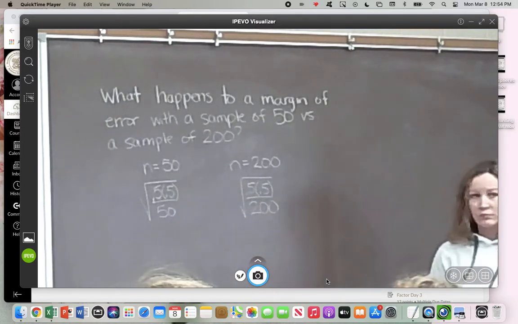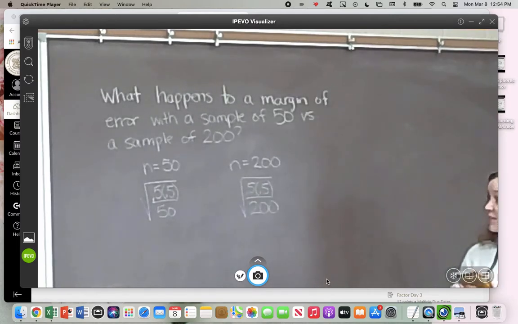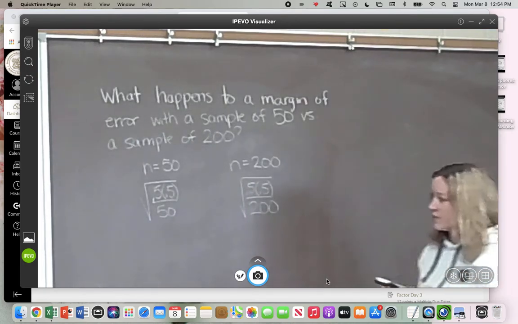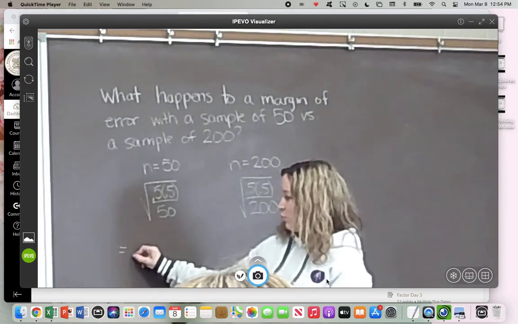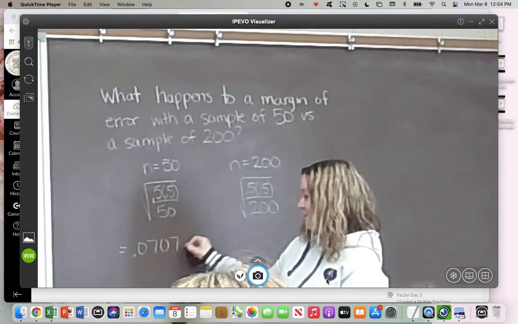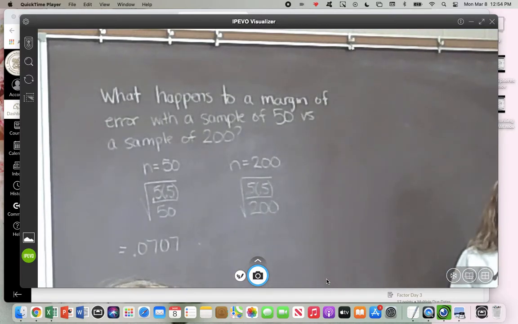Let's compare these. All right, so let's type in the standard deviation with a sample size of 50. So the square root of 0.5 times 0.5 divided by 50. What does this become? 0.0707 and some stuff. Now, don't clear your memory, because we're going to come back to this in just a second.